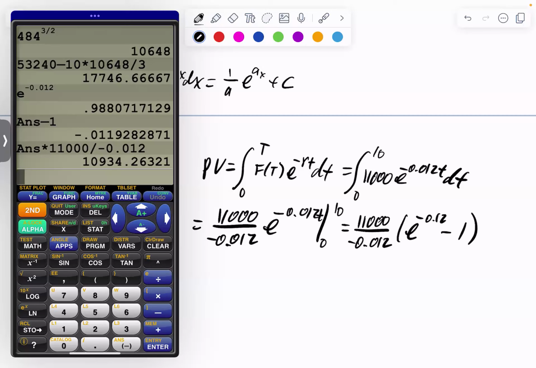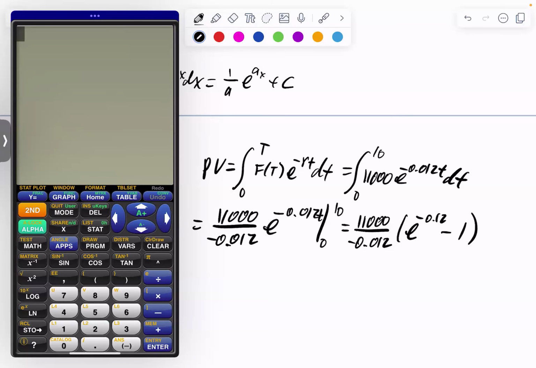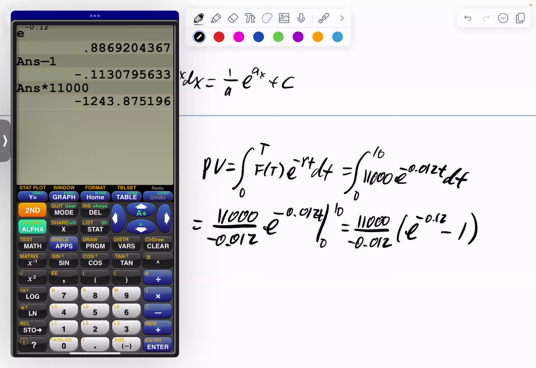So I'm getting, let me do this again. Something's just slightly off here. So second, e to the negative 0.12 minus 1 times 11,000 divided by negative 0.012.